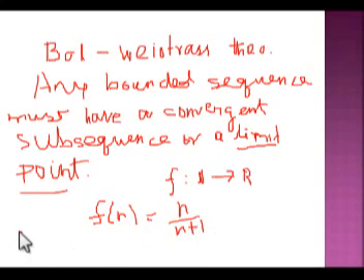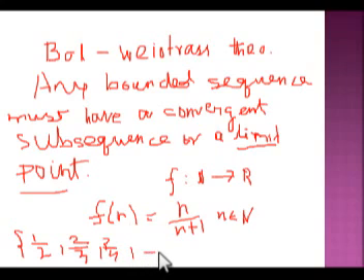First I am calculating the points of the sequence. If n belongs to the natural numbers 1, 2, 3, 4, then the sequence will be 1/2 as the first element, then 2/3, then 3/4, and so on. So this is a convergent sequence.